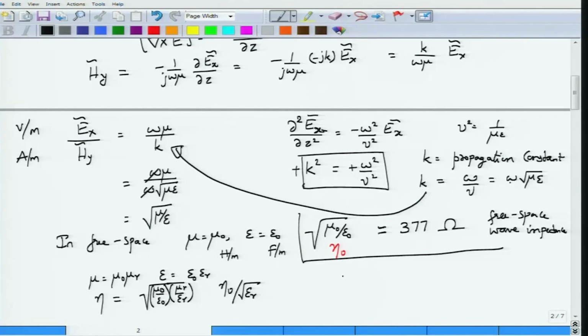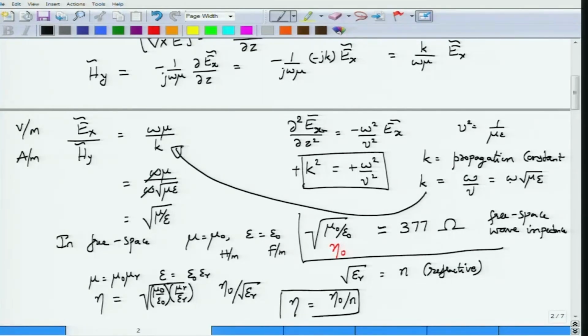And in one of the earlier modules we remarked that square root of epsilon r is nothing but the refractive index n. So I can equally write this eta as eta 0 divided by small n.